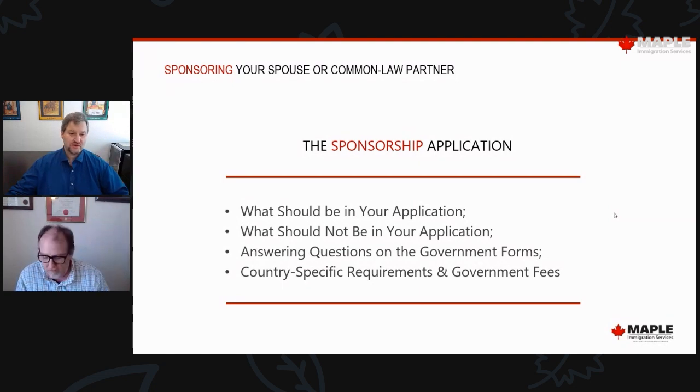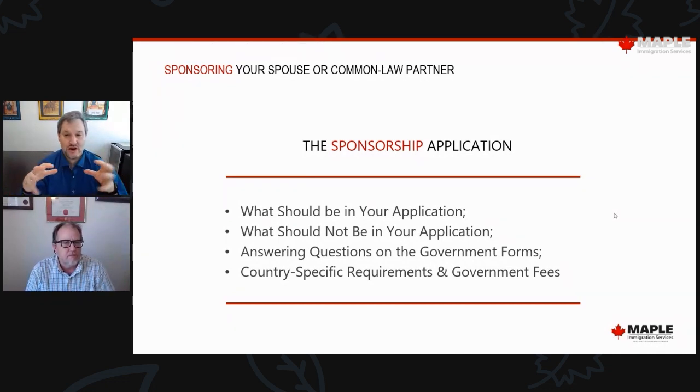Okay, so what should be in your application and what shouldn't be? Norbert alluded to a number of different items that should be in there. What we call that is an R10 check, which is regulation number 10, and basically it's a complete application. That checklist that you get with your application is the bare minimum to pass the R10 check.